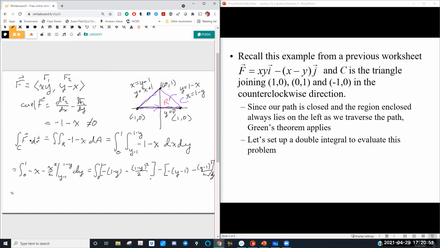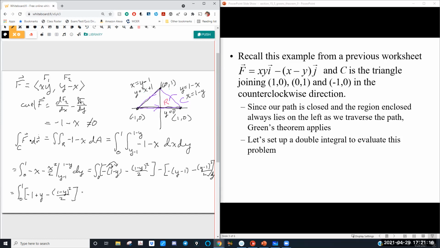All right, now I'm going to do a little bit of simplification. Let me know if you have any questions on this. Basically, we just have to distribute this negative here. So in the first set of brackets, that's going to become minus 1 plus y. I'm going to leave this as minus 1 minus y squared over 2 for right now.